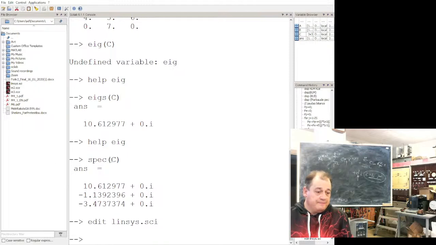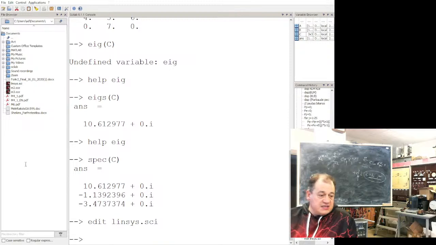Here, steps, let's correct it. What's this?